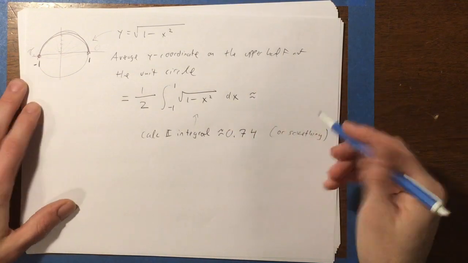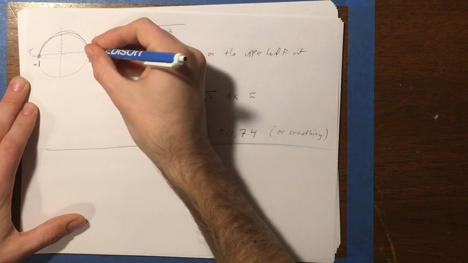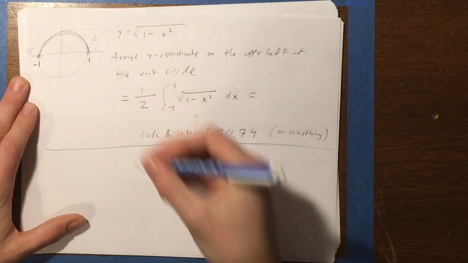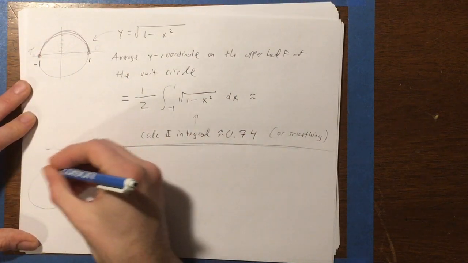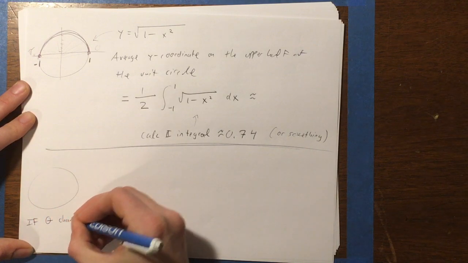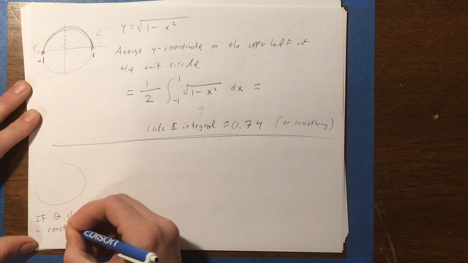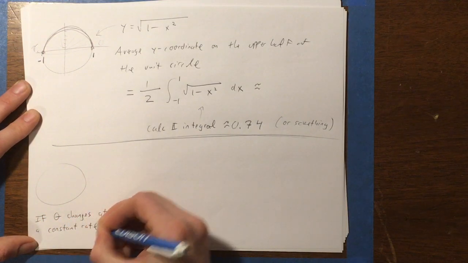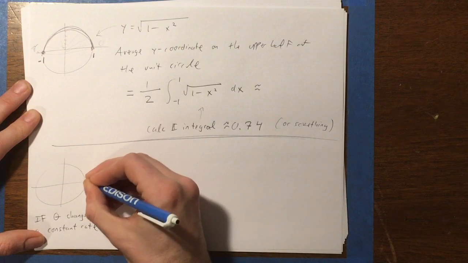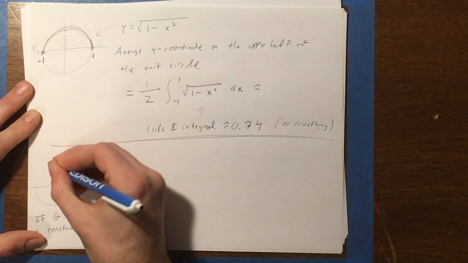And the reason it's not the same has to do with how fast you move along the circle. So if theta changes at a constant rate, then you're going to start and you're going to move at a constant rate along this circle.